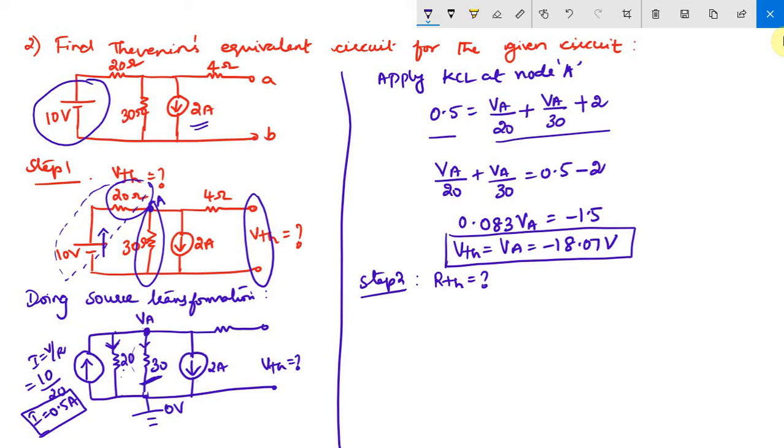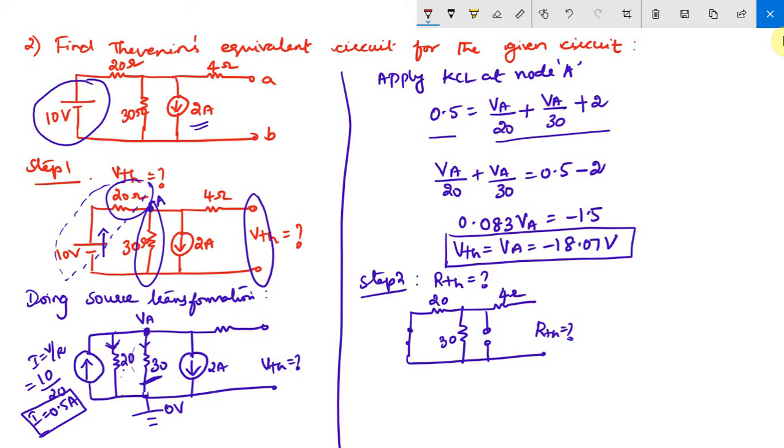So now redraw your circuit. Your current source should be left open, whereas your voltage source should be short circuited. So this is how your reduced circuit is.